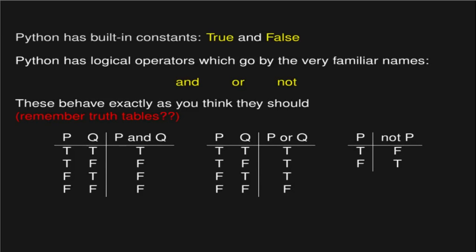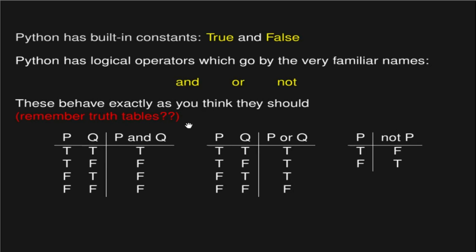Now, when it comes to logicals and comparisons, Python has some built-in values already there for us. So Python has built-in constants of true and false. Python also has logical operators that we can use, and if we're familiar from maybe our beginning class on proofs, we remember things like and, or, and not. And these behave in Python exactly as you think that they should.